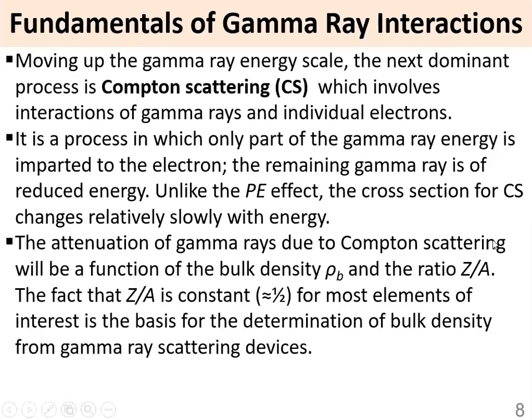Compton scattering is of course also experienced. The energy required for Compton scattering is higher than that for the photoelectric effect. So moving up the gamma ray energy scale, the next dominant process is gamma ray scattering, which involves interaction of gamma rays and the individual electrons.